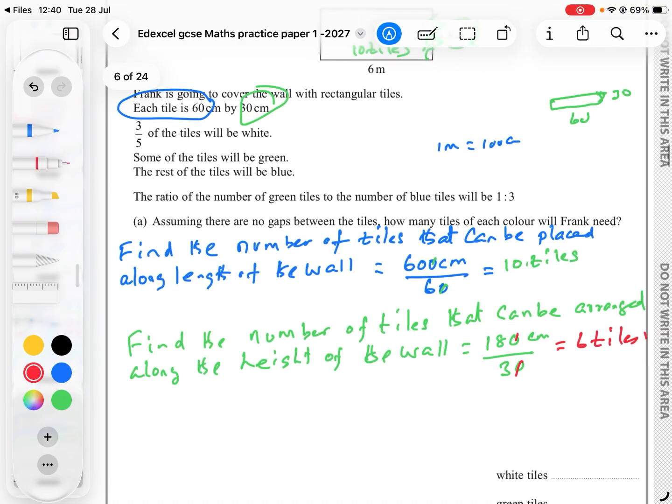So total tiles, find the total number of tiles.